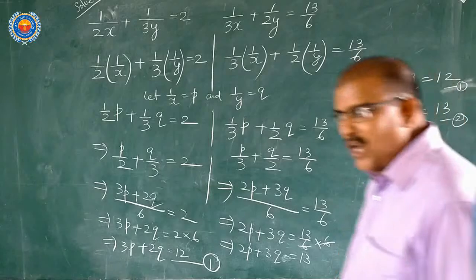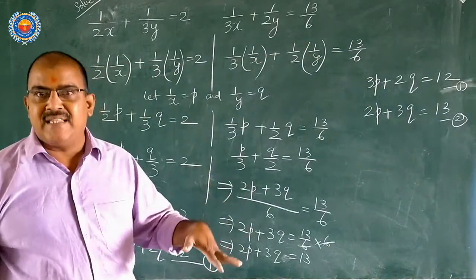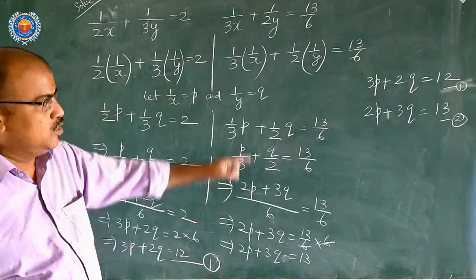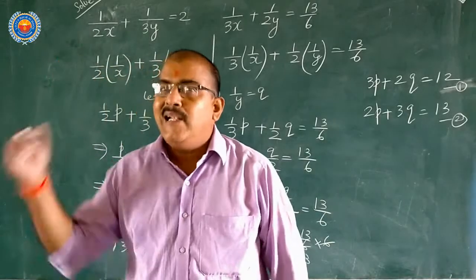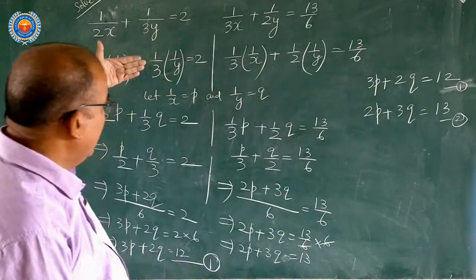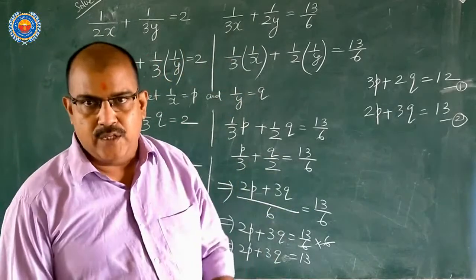Now I am going to solve these two equations by using once again the same method, elimination method. So for equation 1 and equation 2, I will get p and q values. Later I will substitute in 1 by x and 1 by y so that I will get the x and y values.